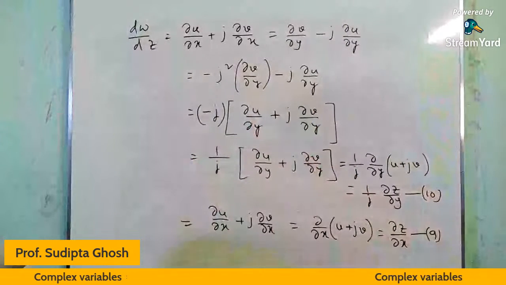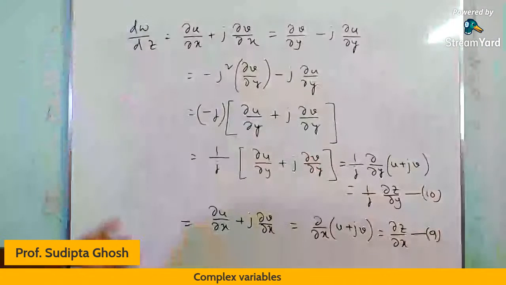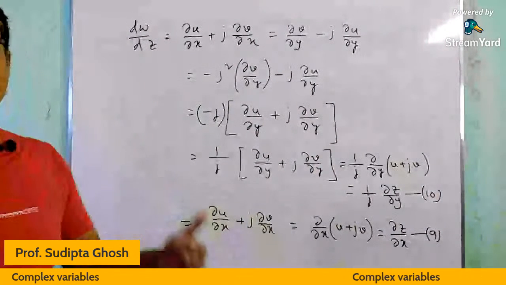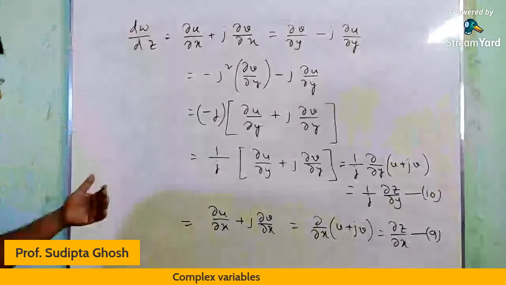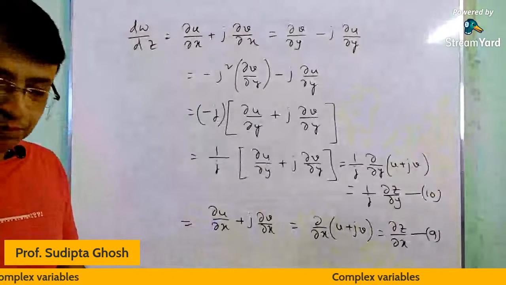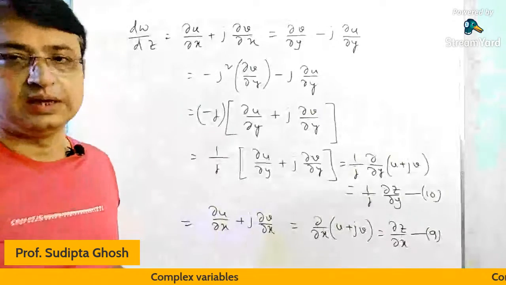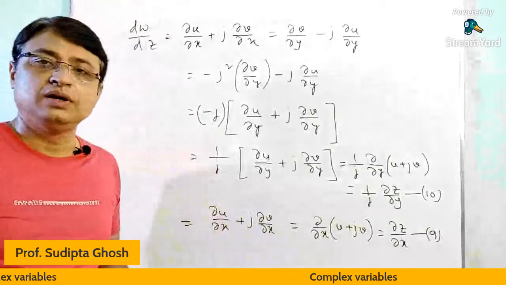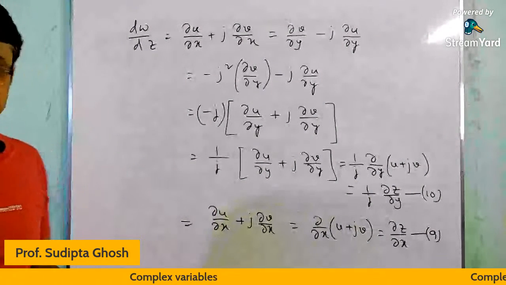So either in the form of equation 9 or equation 10, dw/dz, the derivative of a complex variable, can be found, and these equations 9 and 10 give the simplified expressions for the derivative of w. So this is how the derivative of an analytic function can be found.